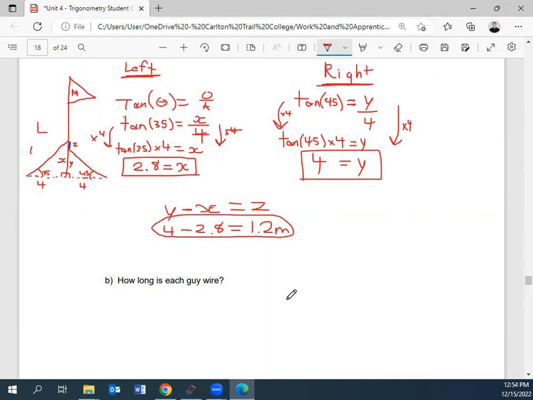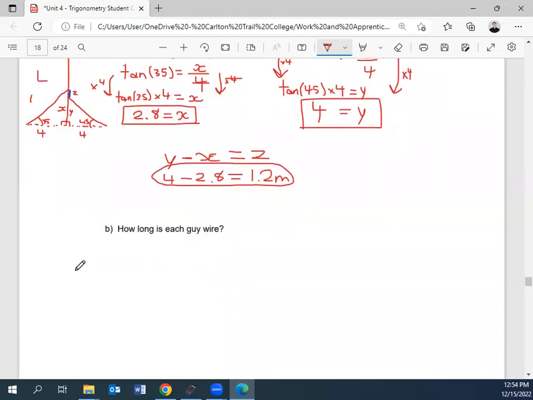The next question I have here is how long is each guy wire? That's the length that it runs up. In this case, I'm going to redraw those two triangles, filling in what we know now. I have my pole, my one wire, and my other wire.